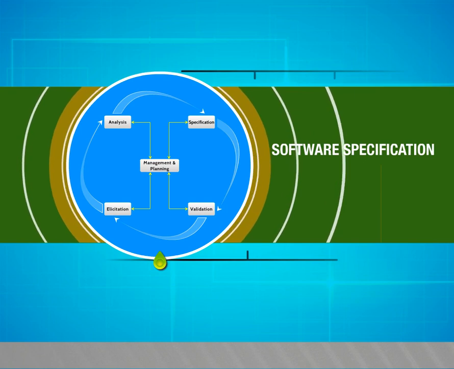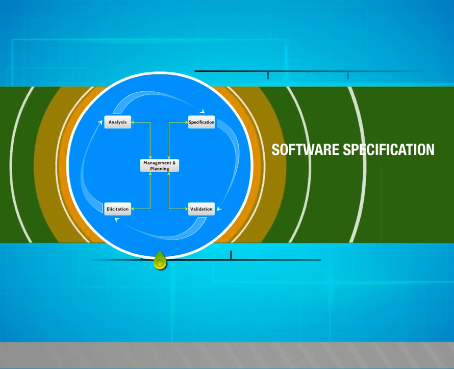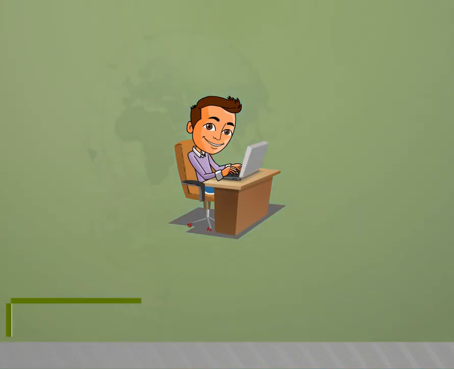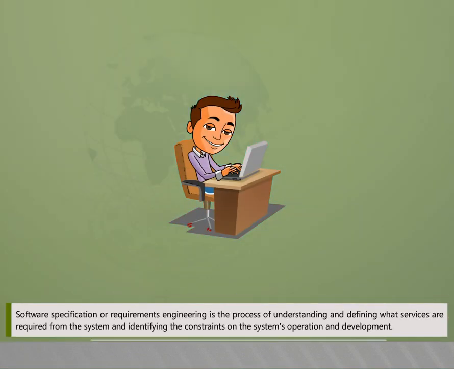Software specification. In this video, we are going to see about software specification. Software specification or requirements engineering is the process of understanding and defining what services are required from the system and identifying the constraints on the system's operation and development.